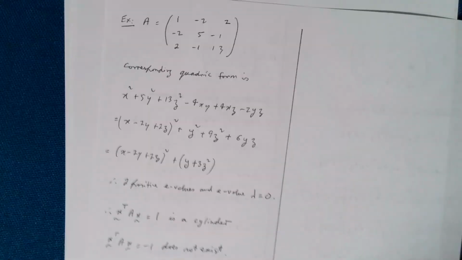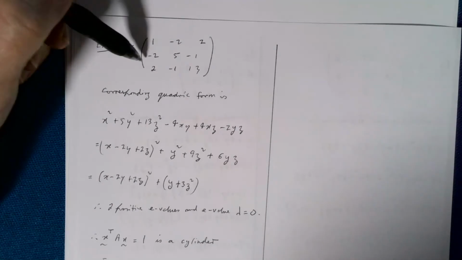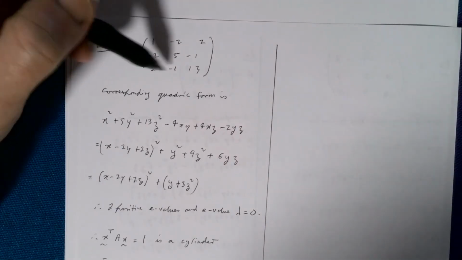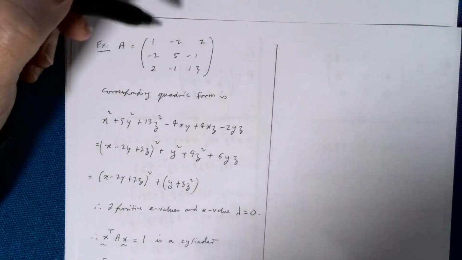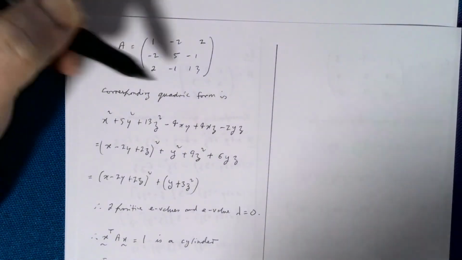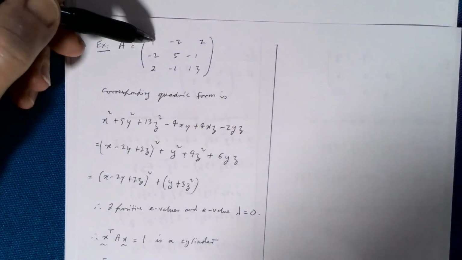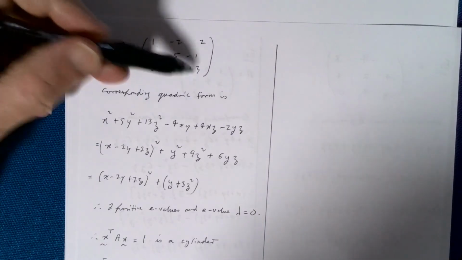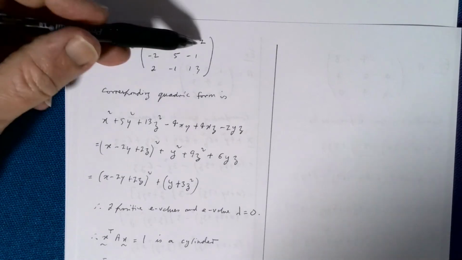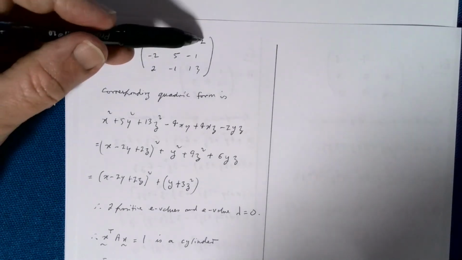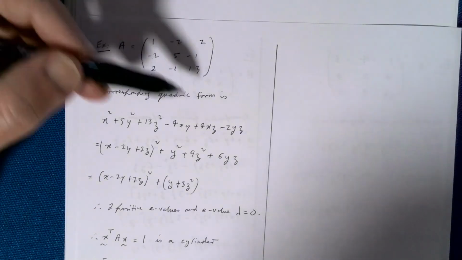So we get 1, minus 2, 2, minus 2, 5, minus 1, 2, minus 1, 13. Again, the corresponding quadratic form now is x squared plus 5y squared plus 13z squared. I get minus 4xz, I get plus xy, plus 4xz and minus 2yz.